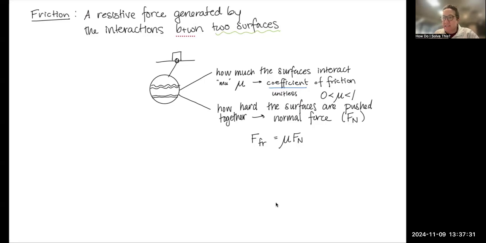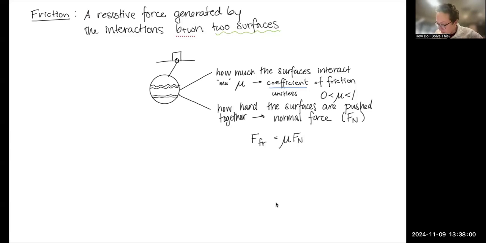I am going to tease one additional element of friction, and then I'll do a whole separate video about this, because when I teach friction at the introductory level, this is something we only do conceptually, and then I dig into it more when we talk about friction at a deeper, more mathematical level, like in an AP class.